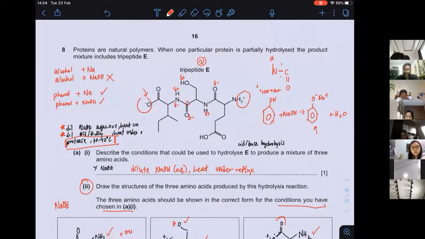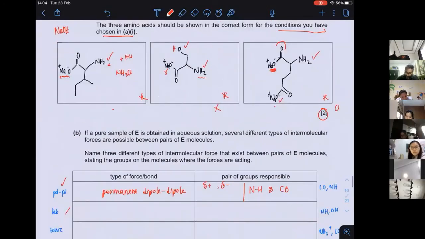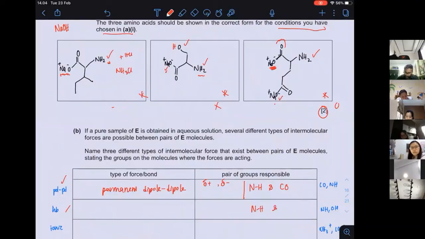You can write down NH and OH. This is delta negative, this is going to be delta positive, so that is going to be hydrogen bonding.